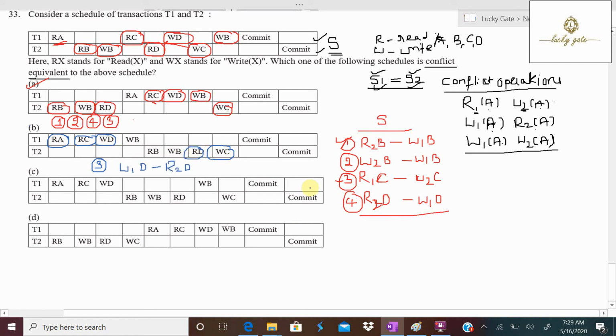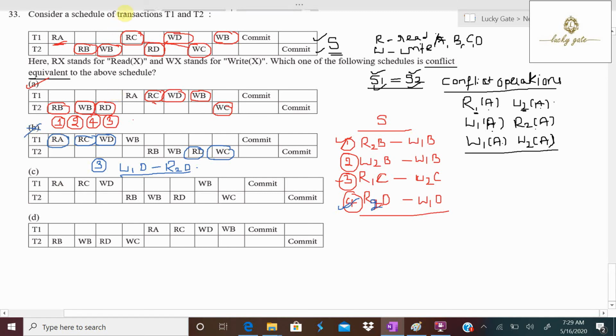But in the given schedule we have read 2D, write 1D, a conflict from 2 to 1. Here in the option it is a conflict from 1 to 2, so this conflict is not present in the given schedule. Now I can conclude that option B is wrong.